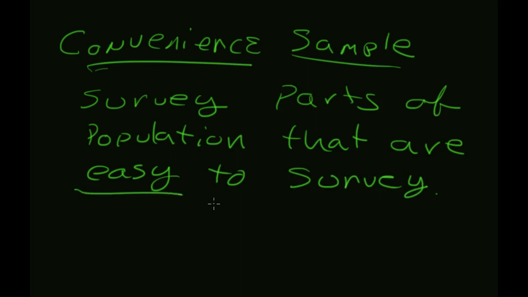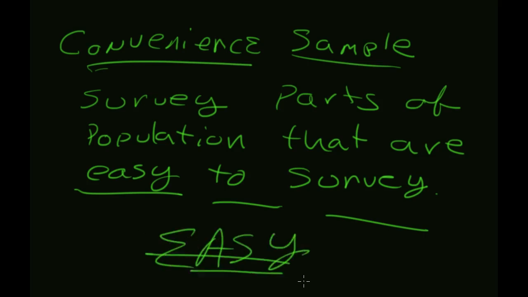This is literally walking into Alumni Hall and finding the first 10 people you can and giving them the survey. So this is a sample that's completely out of convenience. There's no sense of random. There's no simple random sample. But the upside is it's easy. It's not very valid, and it's highly likely to result in biased results, but it's just simply easy.